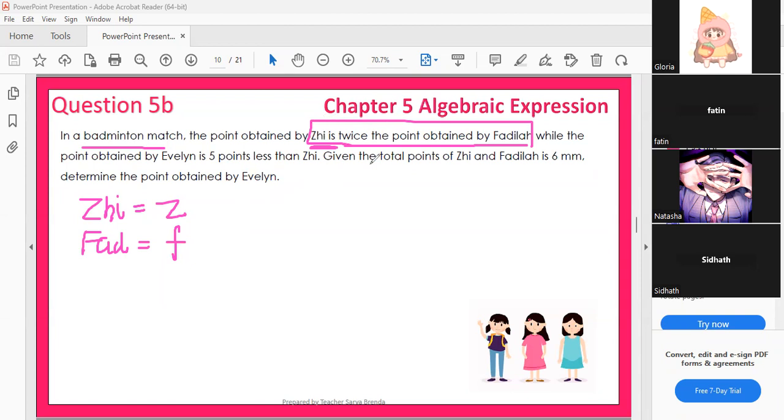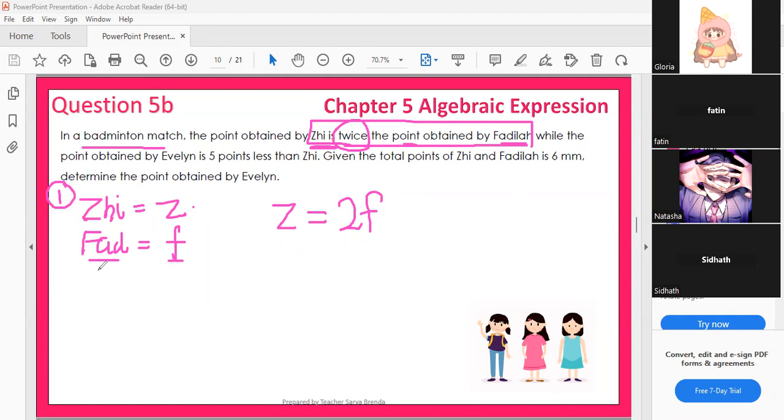Z is twice. So Z equals twice means 2 times of the points obtained by Fadila. So whatever Fadila gets, Z has got 2 times of it. This is Z's points. Okay, Z's points is Z. Fadila's points is F. You must do this first.